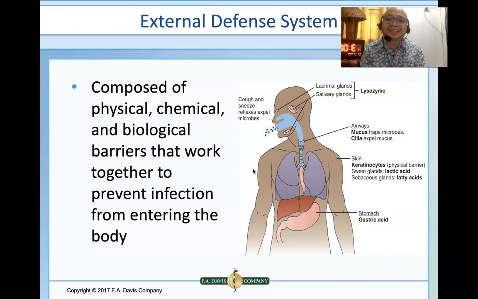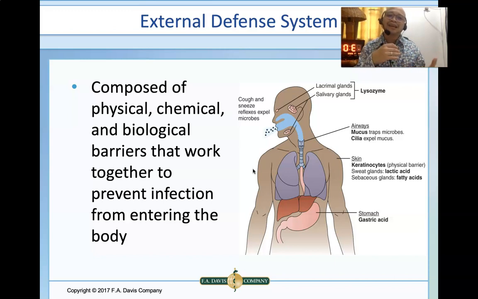Skin is considered a physical barrier. Our skin is made up of keratinocytes, which produce keratin, and keratin will keep it dry. And of course, there's no water activity, so it's going to be difficult for microorganisms to grow or multiply in our skin.